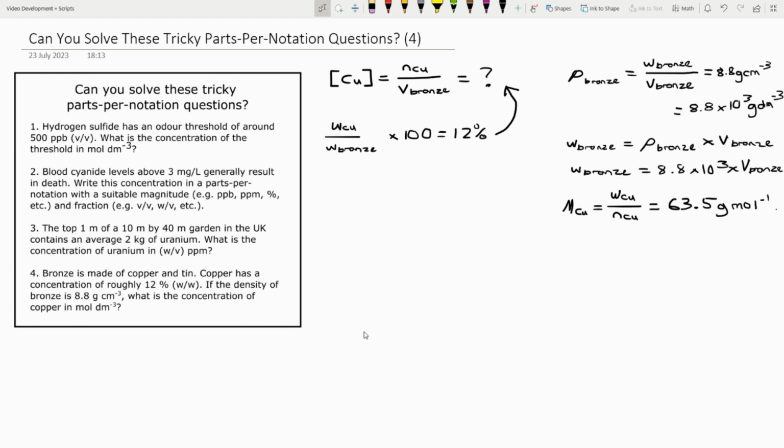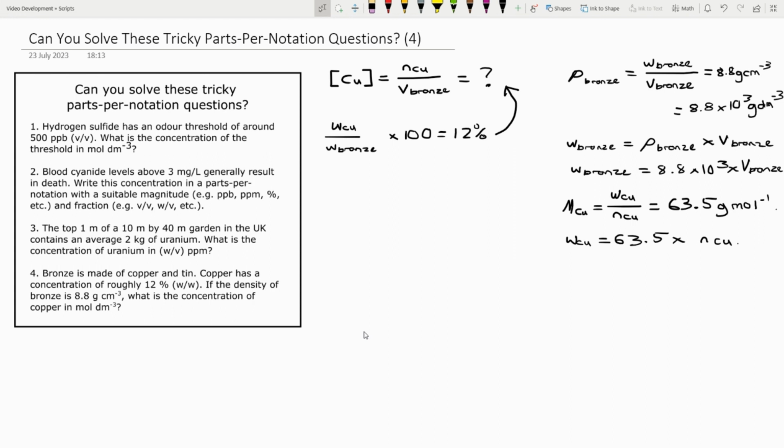Again, we're going to substitute this equation into the top equation. So we rearrange this so that the mass of copper is the subject and can be entered directly into this equation. So W copper is equal to 63.5 times the moles of copper.